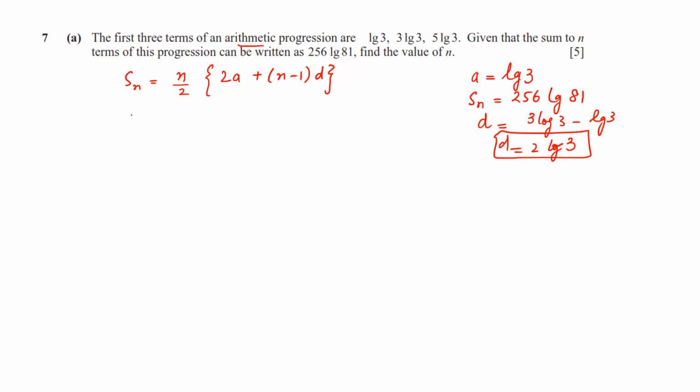Now putting in the values here, what we get is 256 log of 81, so multiply by 2, is equal to n into 2 times a, 2 into log of 3, plus n minus 1 into d, which is 2 log of 3.